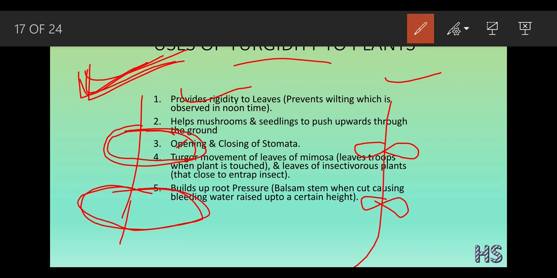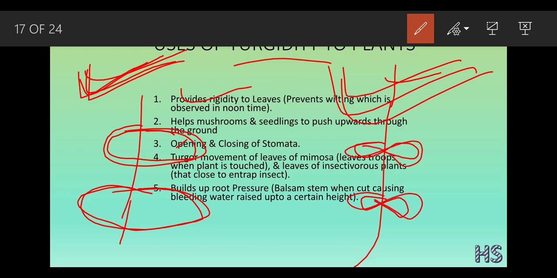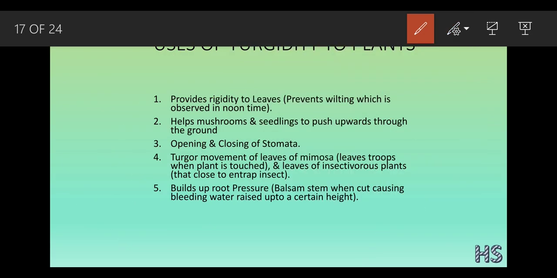When the mimosa loses its water, it becomes like this. So this condition of mimosa is said to be flaccid in nature, because this got wilted, okay.